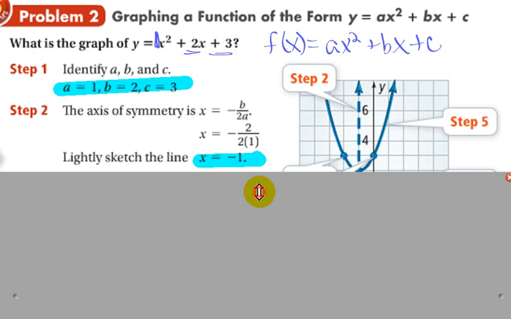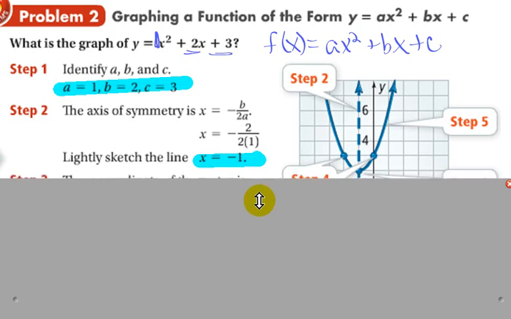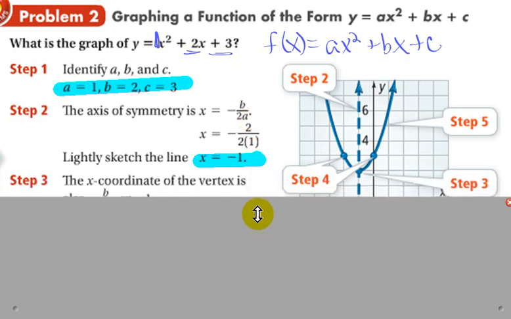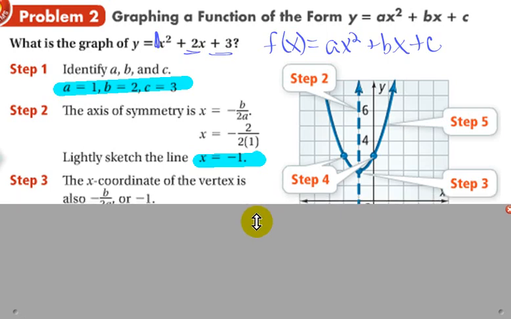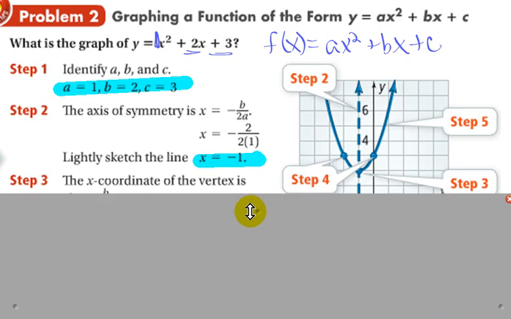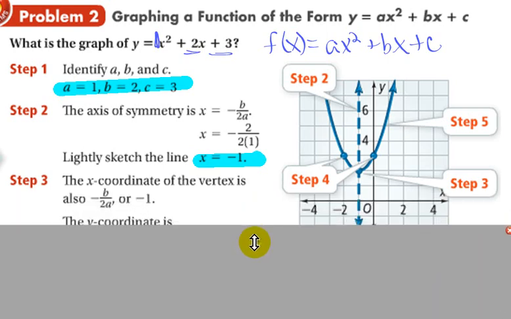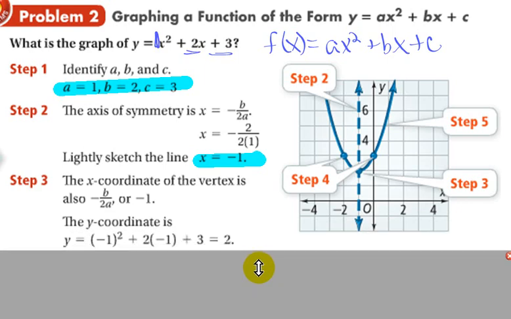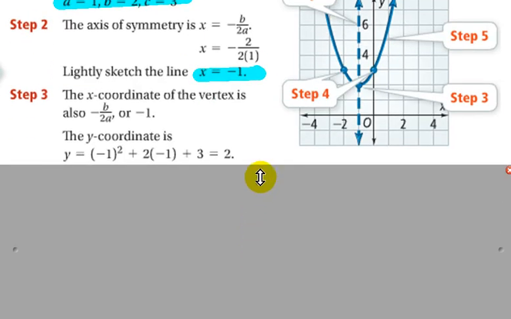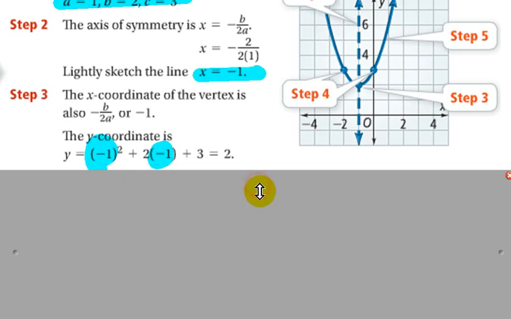So lightly sketch your axis of symmetry across that x-axis at the negative 1 point. Step 3, you take your x coordinate of your vertex and plug it back in to your original equation. Okay? And when you do, you're going to plug in that negative 1 for all the x's in there, and then solve.